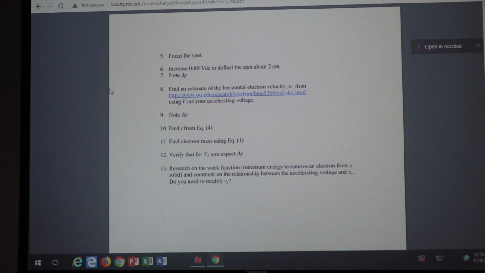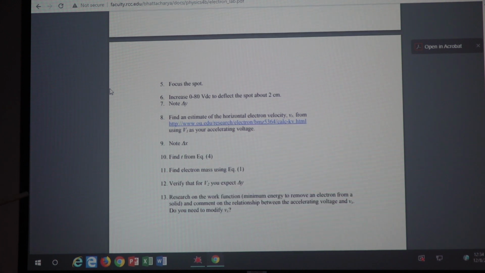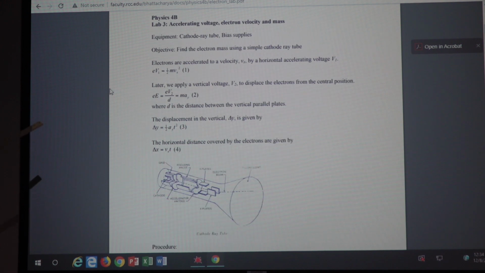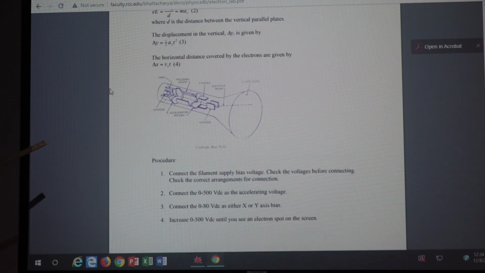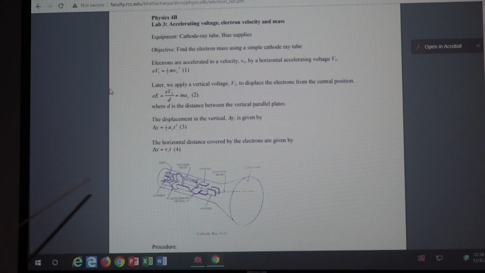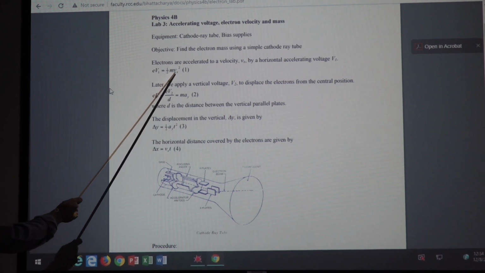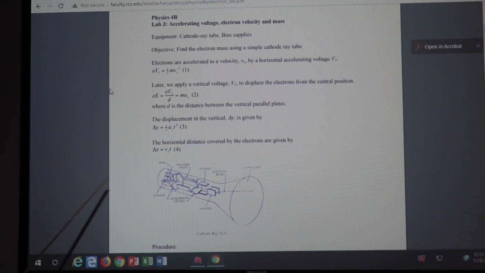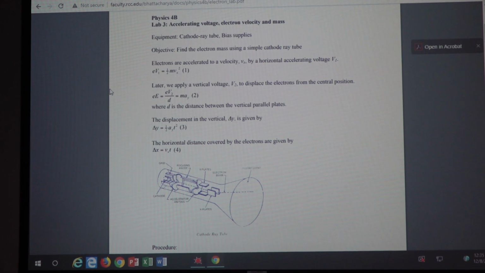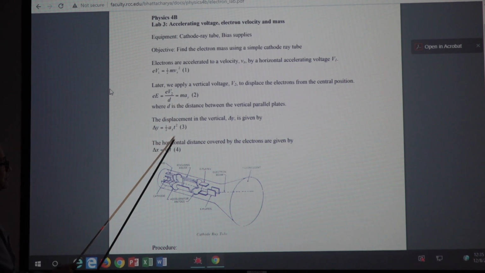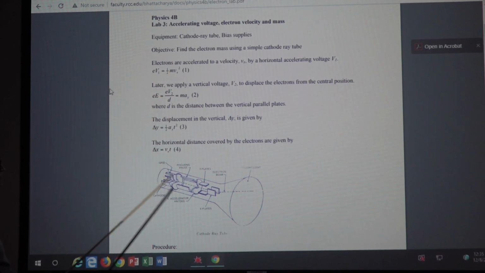If you find t from equation 4, and then you go back and want to find the electron mass, it is as if you derive your Vx from here. If I give you delta x, you derive Vx from here, and go back and plug that in there to get the electron mass. The problem is that to find ay, we have used the electron mass here. So going back and plugging that back there doesn't really help that much.